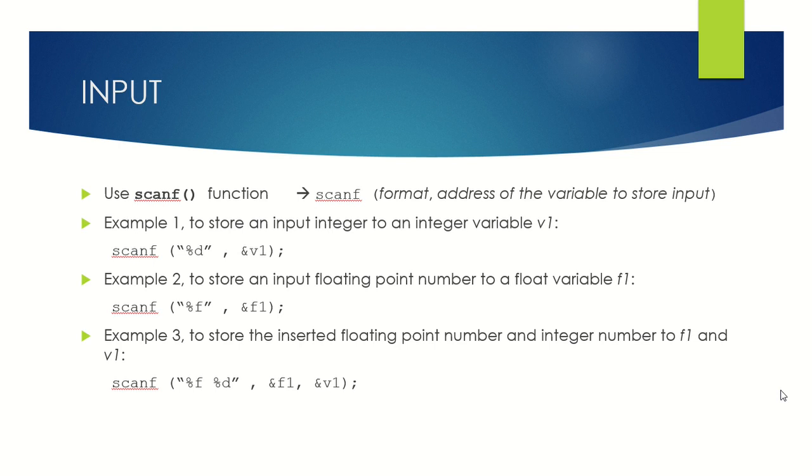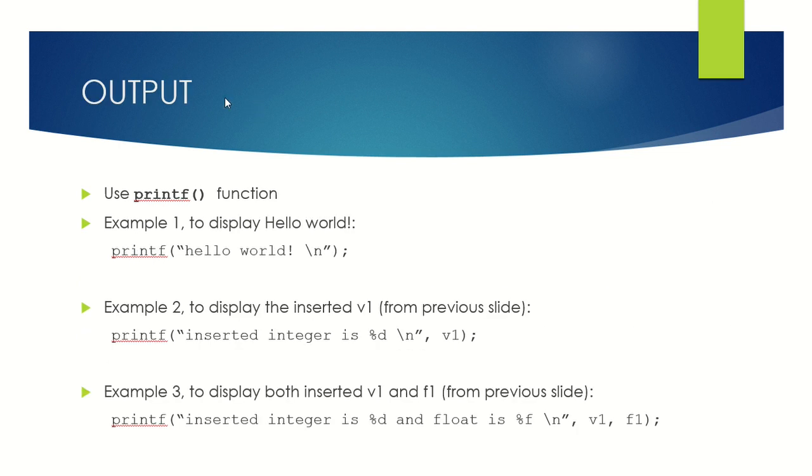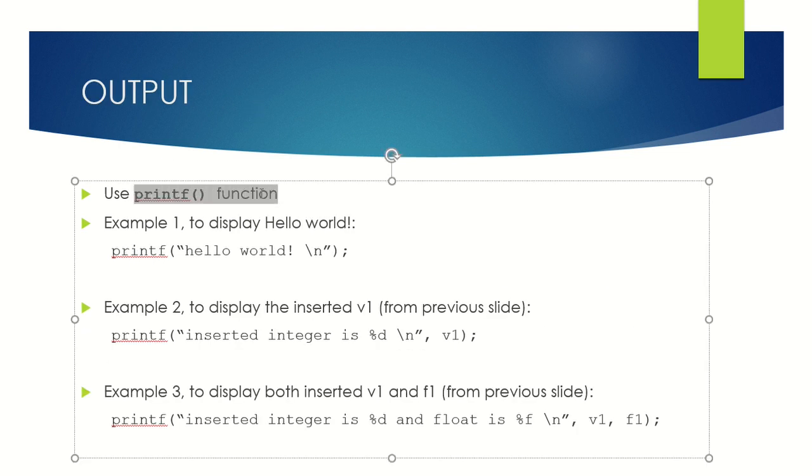Bagaimana pula dengan output? Okay, untuk output kita akan gunakan printf function. Okay, printf ni kalau scanf untuk input, untuk read, printf adalah untuk display lah. So dia akan display the message ataupun display the output to the monitor, for example. Okay, yang ni awak dah tengok dalam lab 1. Contohnya kita nak display message hello world.